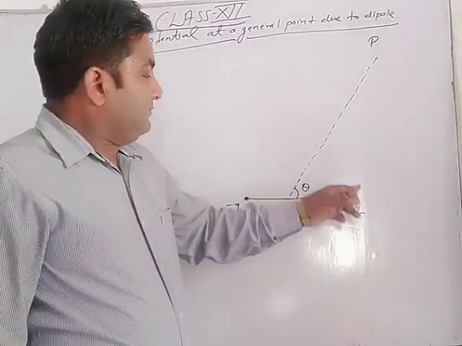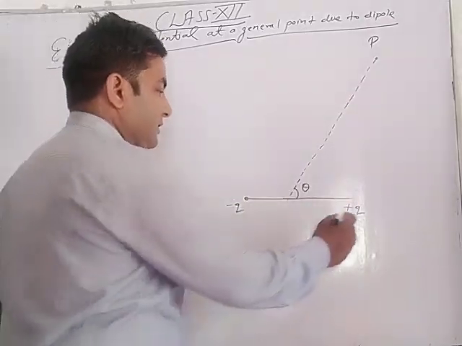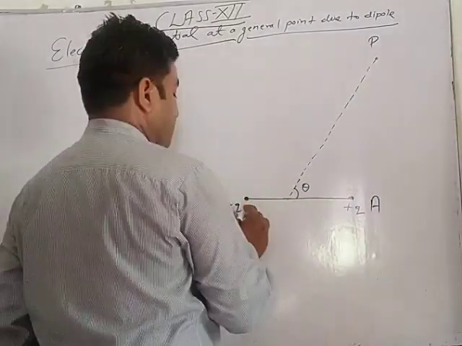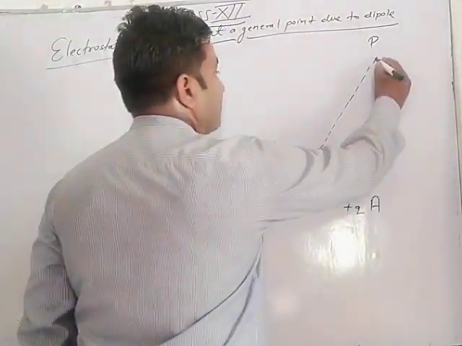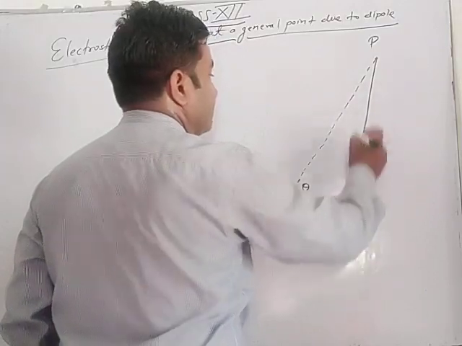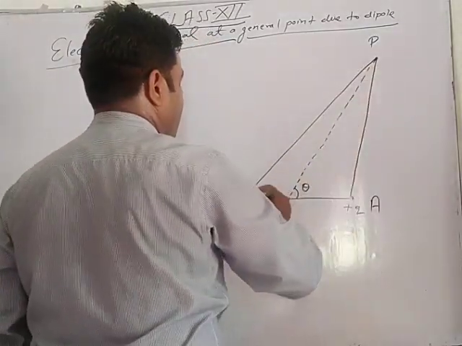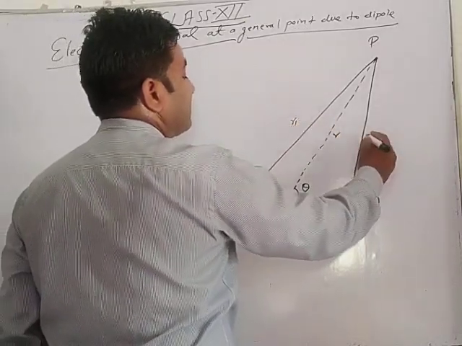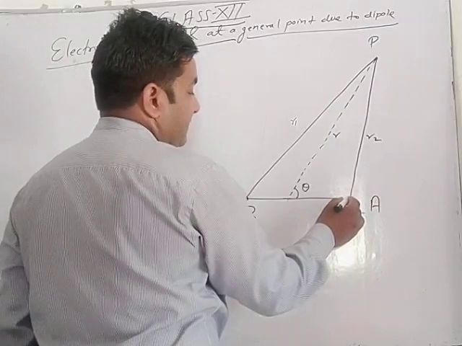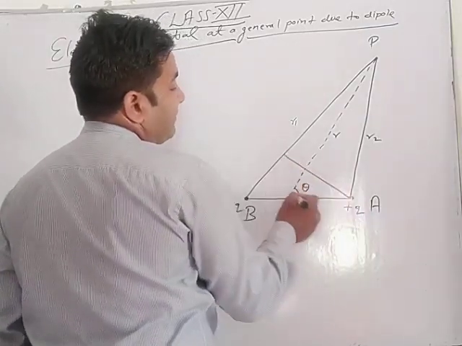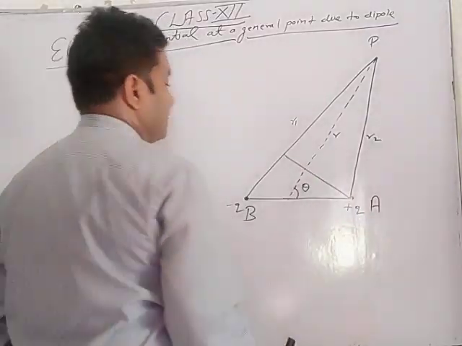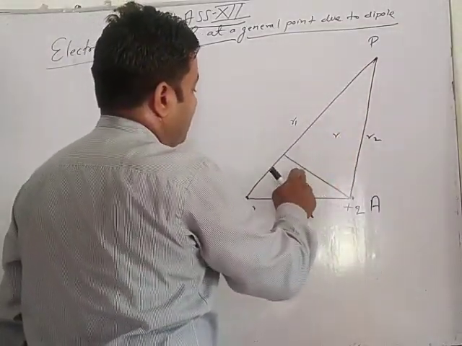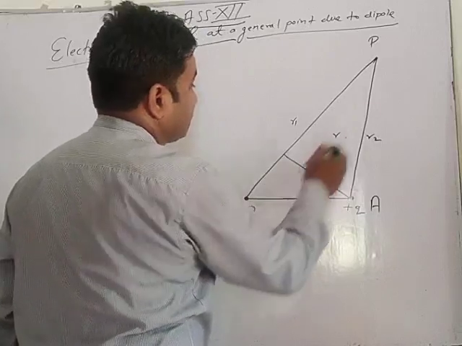Now joining P to A and B also, this is r, and if this one is R1 and this one is R2, then when we draw the perpendicular from this point to this point, we obtain the specific configuration.